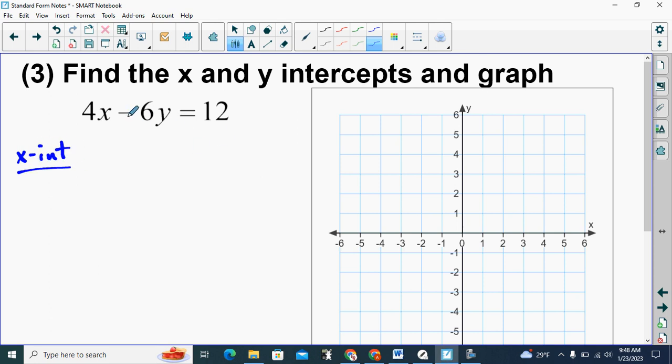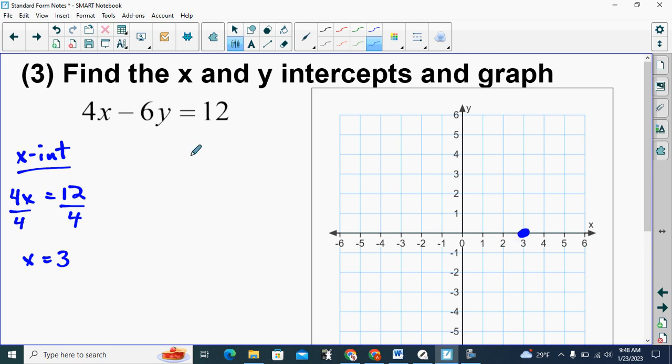For the x-intercept, we put in 0 for y. This whole minus 6 times y, 6 times 0 is 0, so minus 6y becomes 0. I just get 4x equals 12. Divide both sides by 4. 12 divided by 4, I get x equals 3. My x-intercept is 3.